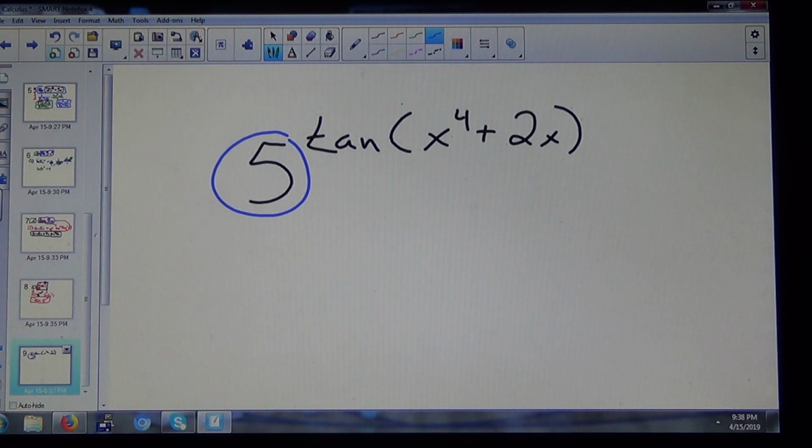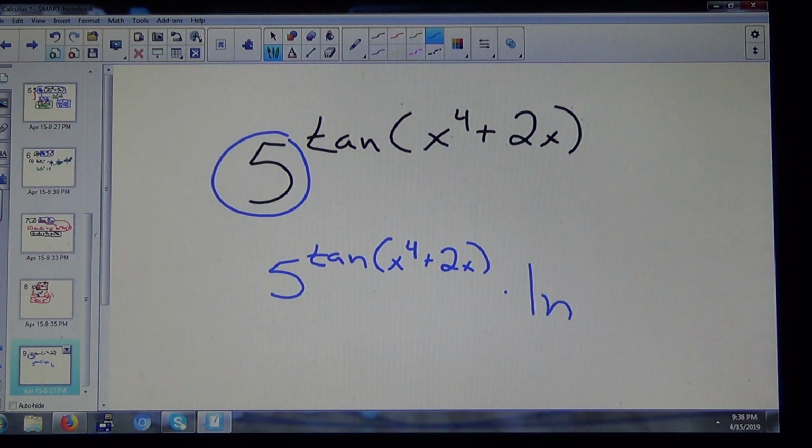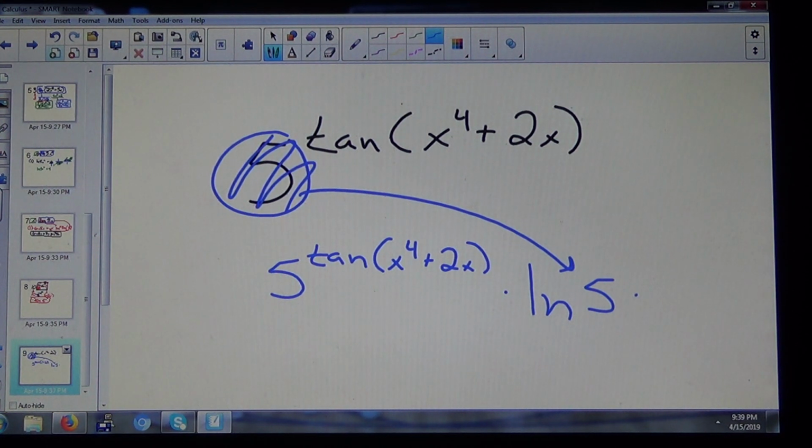Okay, so derivative of base 5 to something would just be that rewritten, times ln of that same number, 5. Okay, that's the derivative of a base thing, so I've done the base.